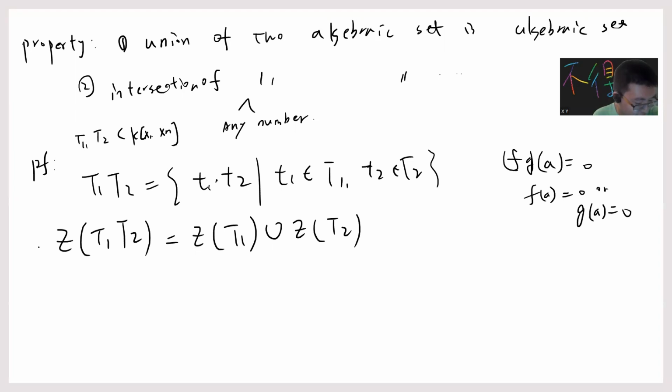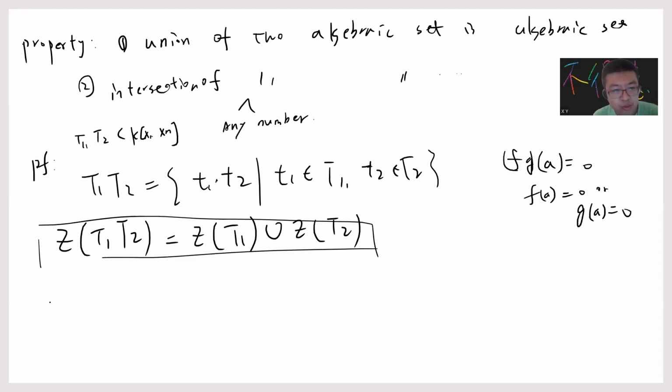Okay, so let me still quickly give you a proof. The proof is very simple, right? Obviously you can check that if P belongs to Z of T1 or P belongs to Z of T2, then obviously P will belong to Z of T1 T2, right?